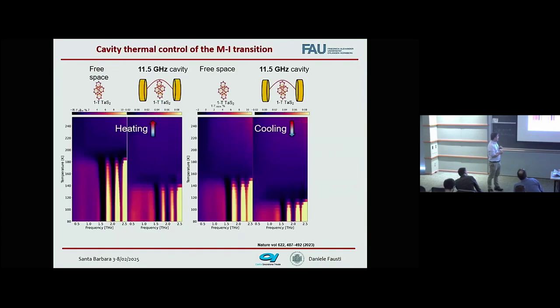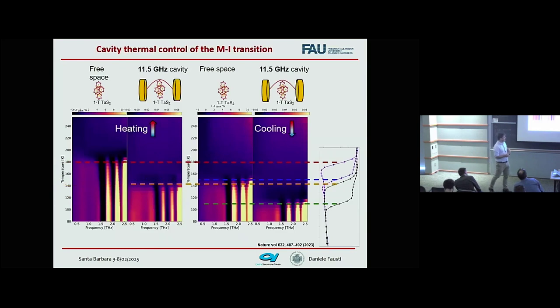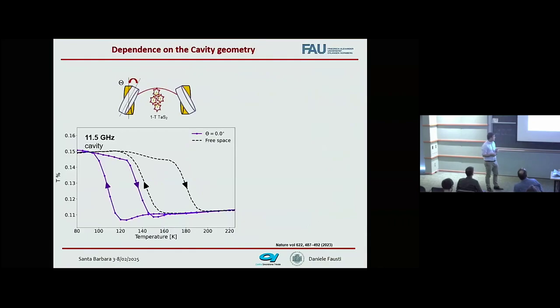So I can actually transit from metallic state to insulating state, and from insulating state to metallic, and I see that the effective temperature at which I observe the phase transition is shifted with respect to the system outside of the cavity. The shift is so large that I could use cavity electrodynamics to control the phase of the material, and this is what we did.